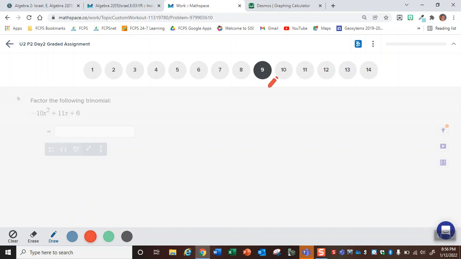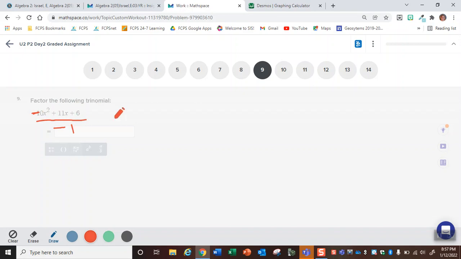All right, and you're going to use that same idea when you have a negative here in front, because you don't want a negative for a. So what you have to do is your common factor is going to be a -1 to get rid of the negative. And then again, you could do the GCD of 10, 11, and 6 and see if there's a bigger number you could factor out, but there's not.